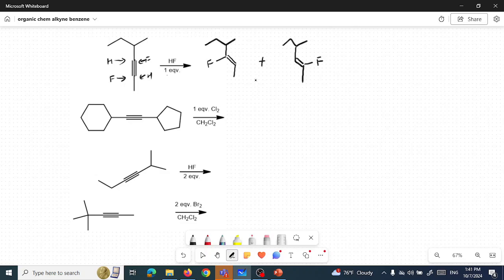In this case, you might be wondering, would the trans-cis or E/Z isomers be selective here? No, no need to worry about E/Z or cis-trans in this case, unless I specify it.